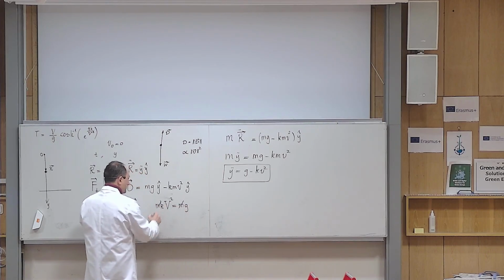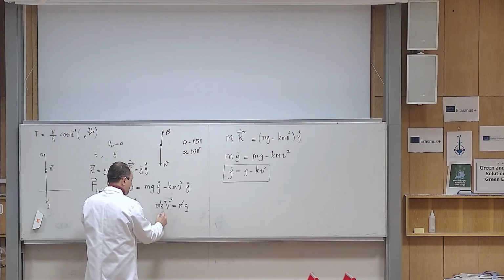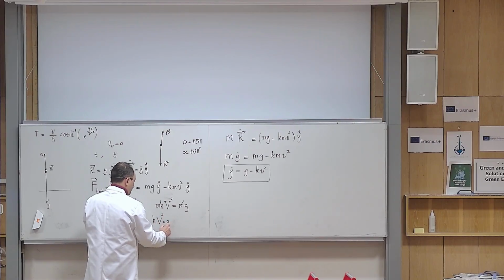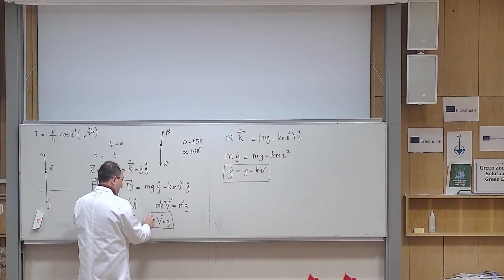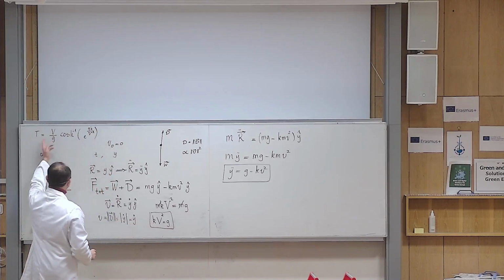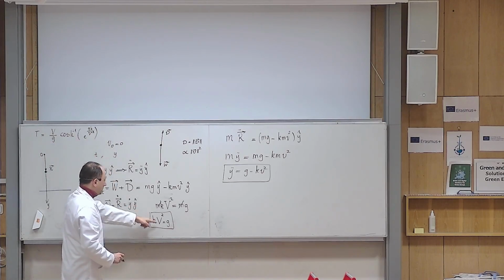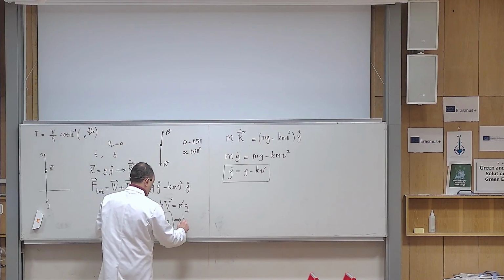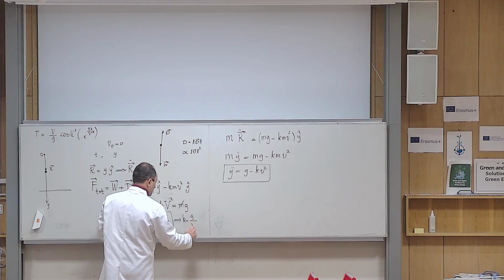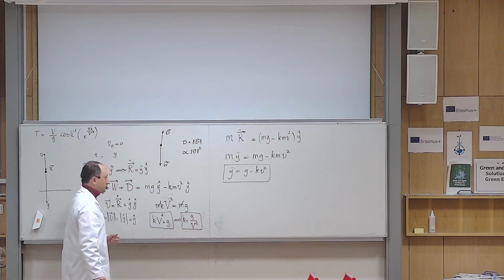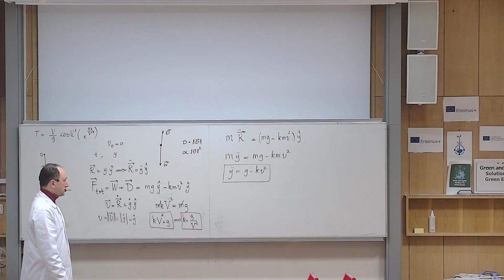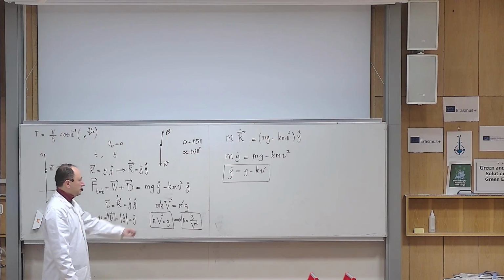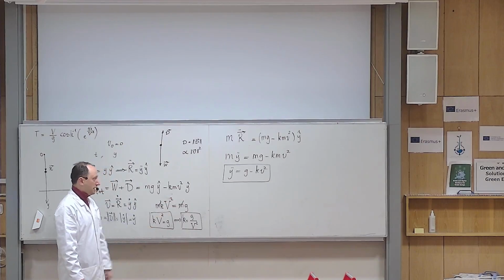The m's cancel, so I see that kV squared is equal to g. You see there is no k in the problem; instead of k, they want to bring V squared in. So k is nothing except g over capital V squared, and we will need it in the future. Of course, you can immediately plug this in, but let me plug it in at the very end of my calculations.